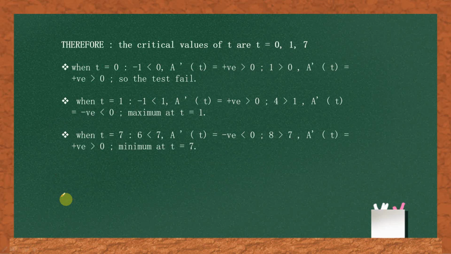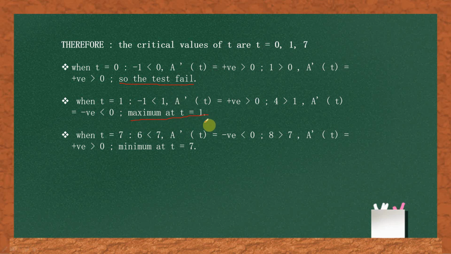Therefore, the critical values of t are 0, 1, and 7. When t equals 0, the test fails. However, when t is less than 0, it is a maximum at t equals 1.